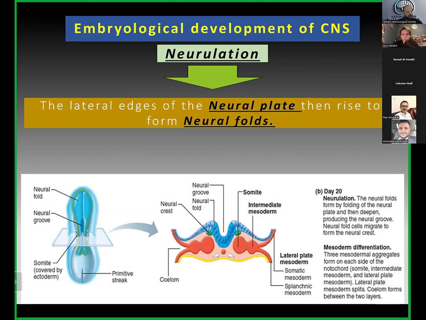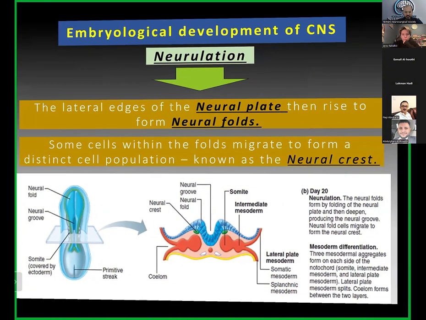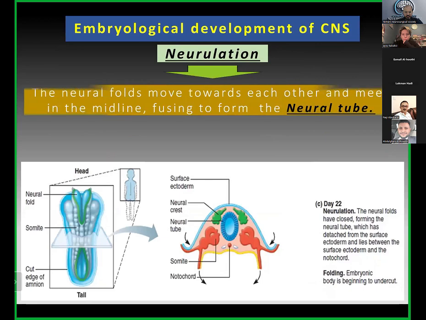Lateral to the neural folds, a special type of cells is called the neural crest, which is in the green color. So the neural folds move more and more toward each other to fuse finally at the midline. Usually, the fusion starts at the middle part of the neural tube. So the plate grows more, and the folds meet at the midline to make the neural tube.